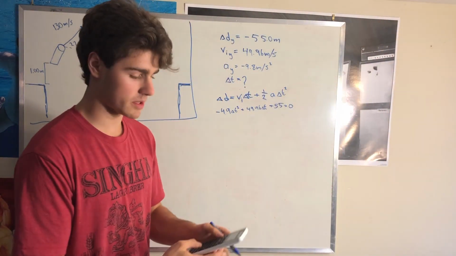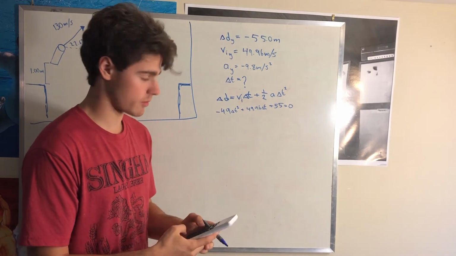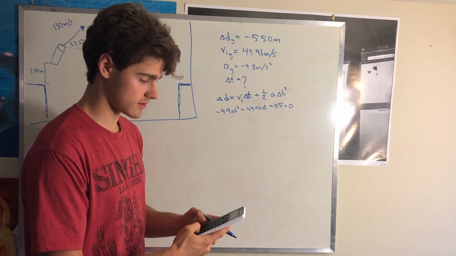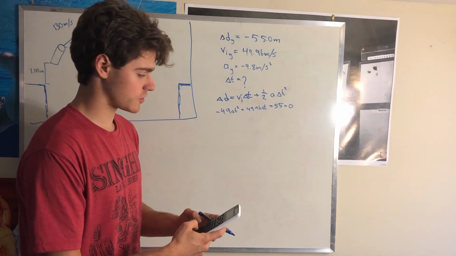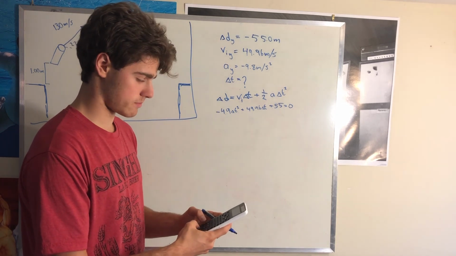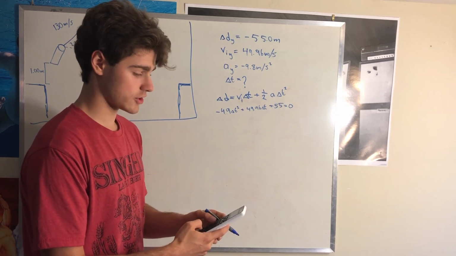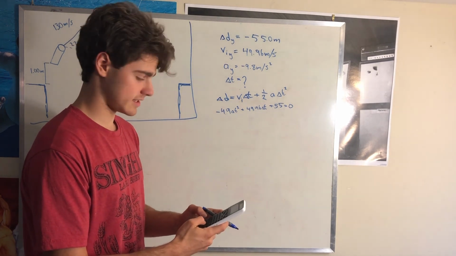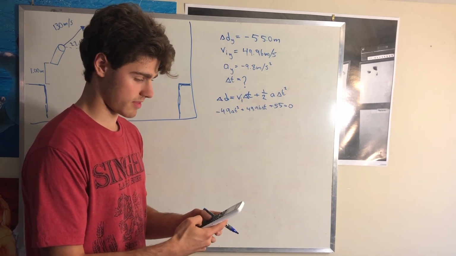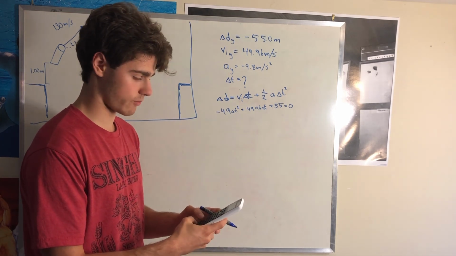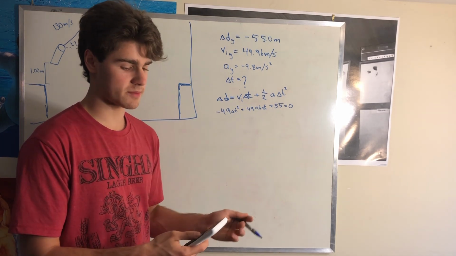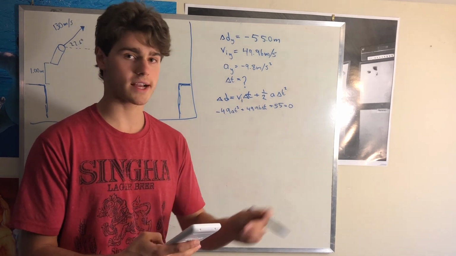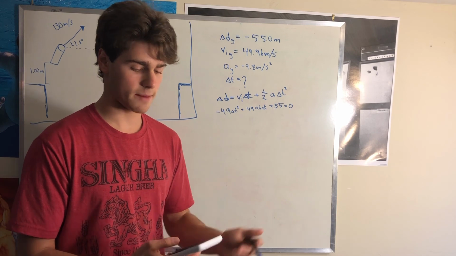Now, using the quadratic formula, I can solve for T. So I'm just gonna plug this all in my calculator and not mess up the whiteboard anymore. So we got negative B, so negative 49.96 plus or minus the square root of 49.96 squared minus 4A, which is negative 4.9, C, which is 55, and all of that divided by 2 times negative 4.9. So I plugged it into my calculator. I got a negative value, so it can be plus or minus. I'm going to try subtracting the square root, and I get a positive value.